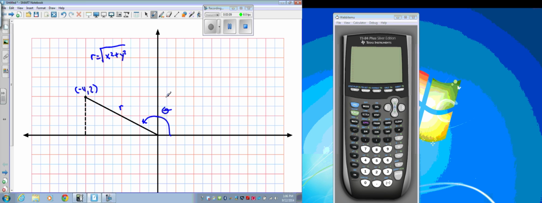Does that make sense? This theta will, if you move this thing back into this quadrant here, and we pick that point right there, which is going to correspond to x is 4, y is 2, and we run a ray out, then this r right here is going to have the same absolute value because it's always positive.